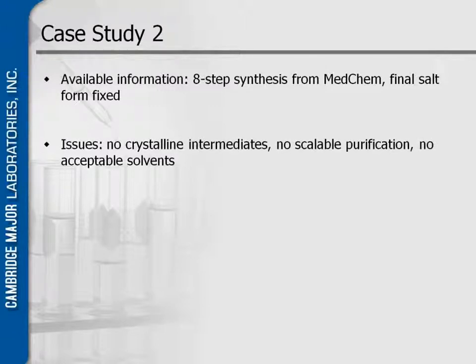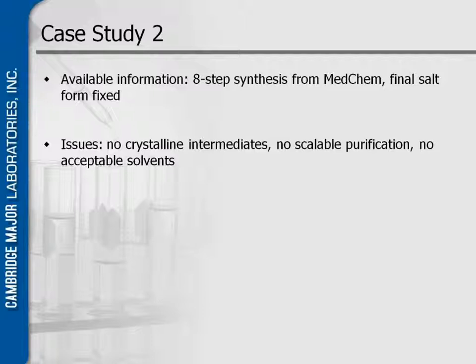What were the issues? No crystalline intermediates, no scalable purification was available, and also the final step was not in a very acceptable solvent. So you have to dry a lot before you can even have an acceptable API at the end.